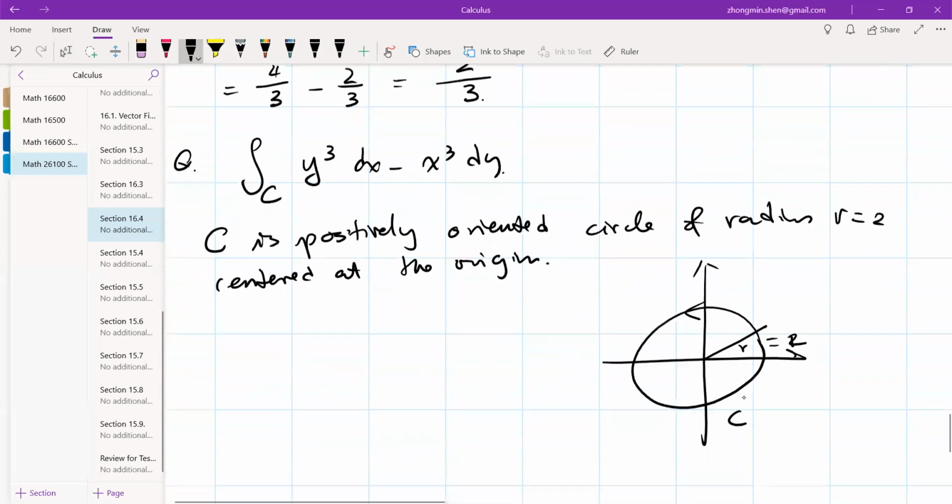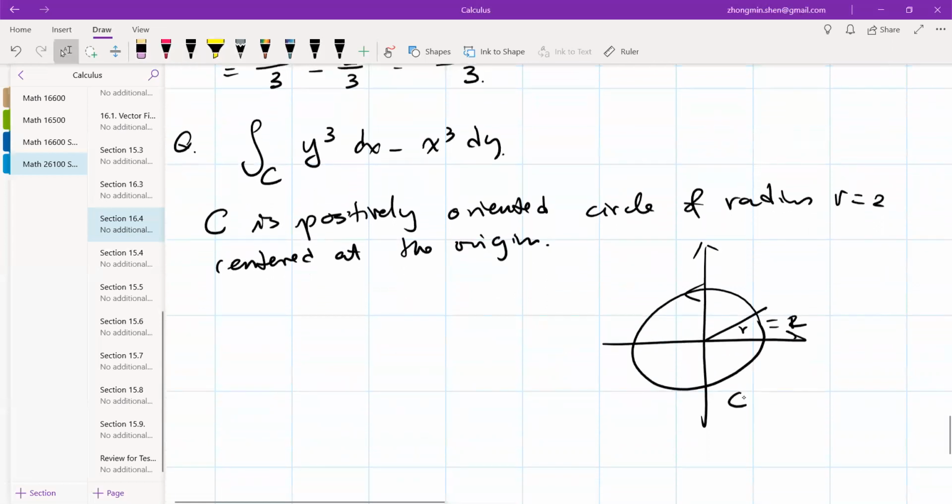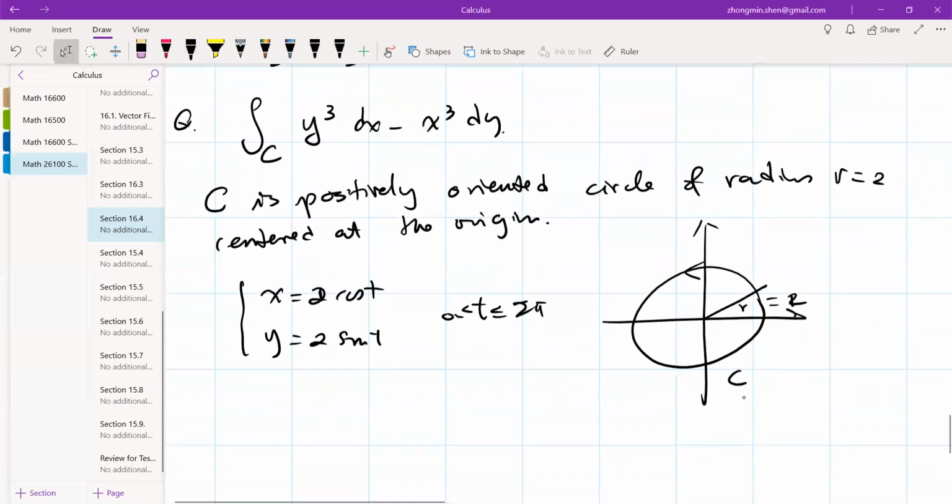Okay, so let's set up this integral. Why not, right? So you let x be 2 cosine t, y equals 2 sine t, t between 0 and 2 pi.